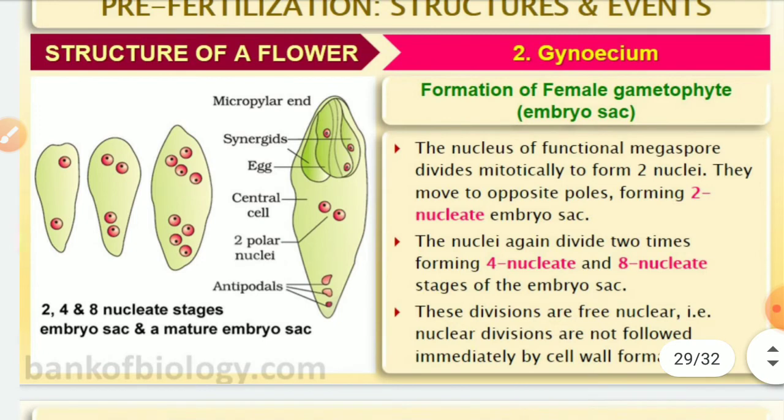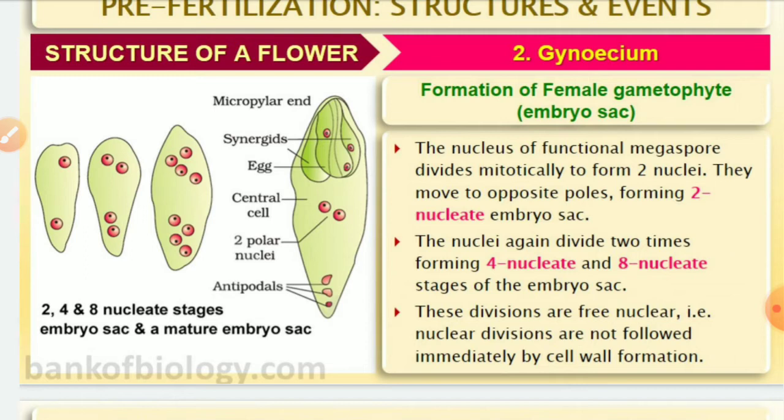Now this embryo sac is formed from the single functional megaspore. Since it is single, that's why it is known as monosporic development. Now you can see the step-by-step development of the embryo sac. We are going to see the formation of the female gametophyte or the embryo sac.